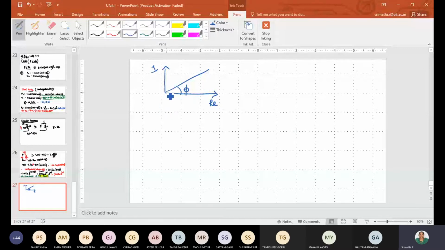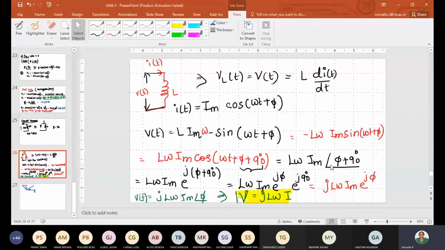V and I differ by exactly 90 degrees, because you have this j. Look here: V of t has angle phi plus 90 degrees. Are you getting me?